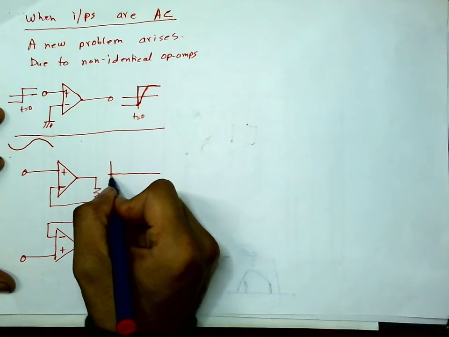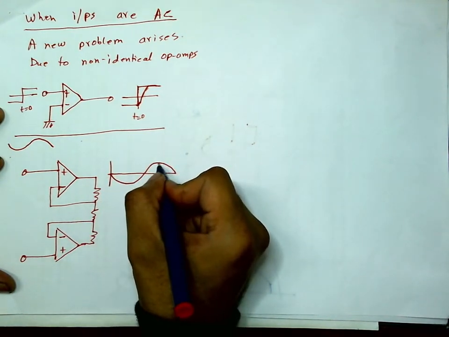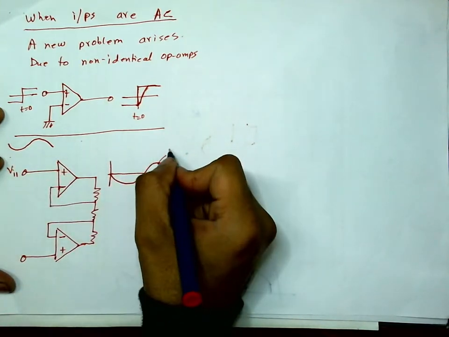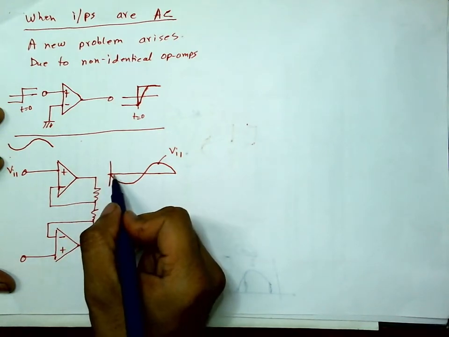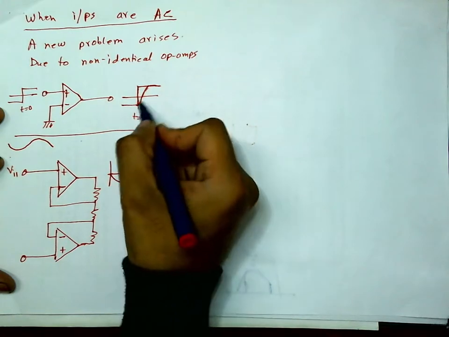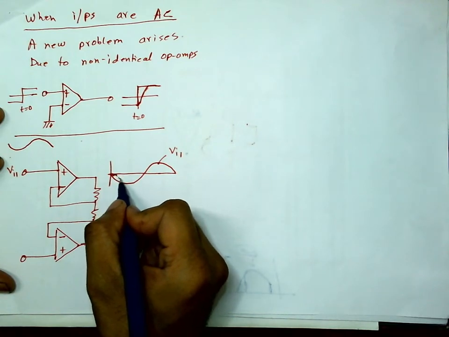Let this curve be the input Vi1. Here the output will also vary sinusoidally, but will have a delay because it cannot change so fast. So it will delay slightly. So this will be the output.